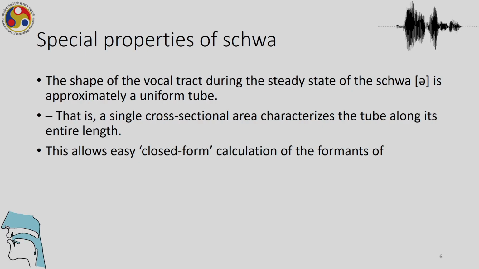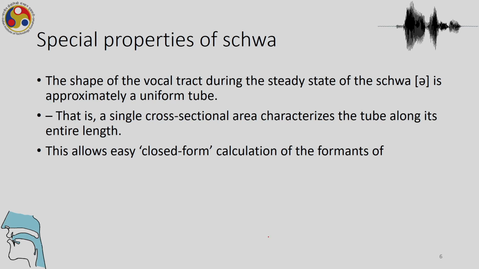And as I have been saying, the schwa has special properties, and therefore the shape of the vocal tract during the steady state of the schwa is approximately a uniform tube, which cannot be said for the other vowels. That is, a single cross-sectional area characterizes the tube along its entire length.